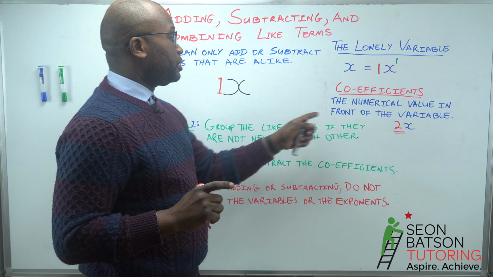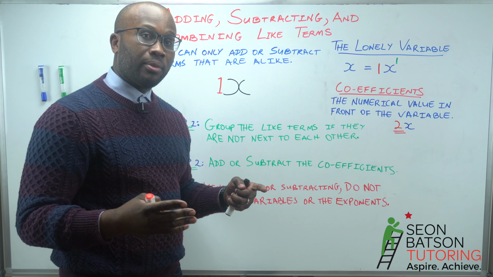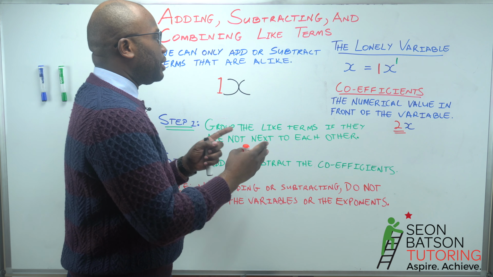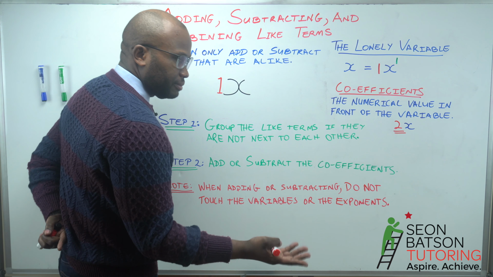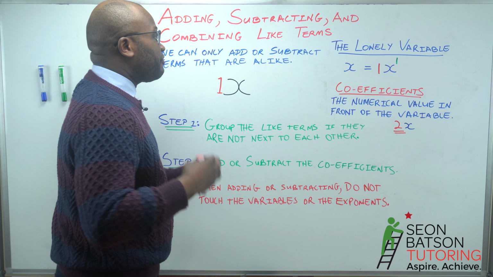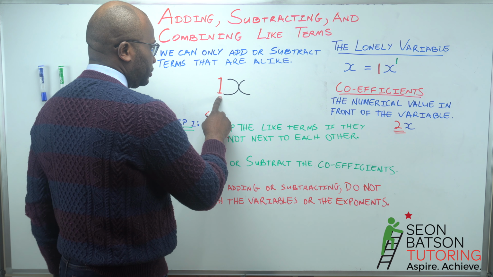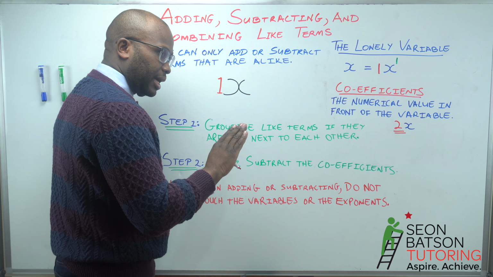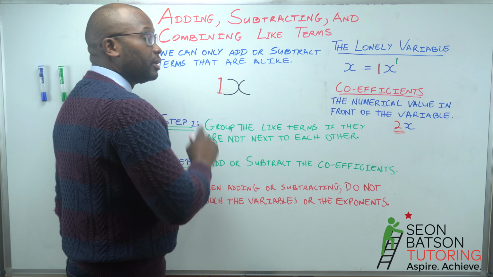And again, the coefficient is the numerical value in front of the variable, or the numerical value that is multiplying the variable. The coefficient is just the number in front of the variable, okay? So whenever a variable is by itself, the coefficient will always be 1. So don't forget that. Even though you don't see it, you have to remember that there's a 1 there.